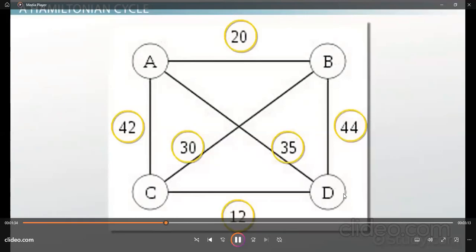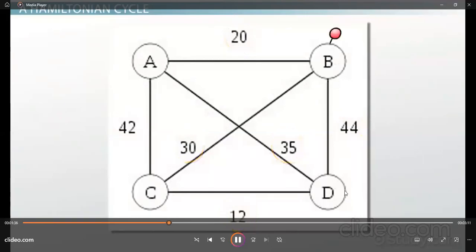For that, you can consider D as the starting vertex. If you compare 12 and 14, which one has the minimum cost? 12. So we can travel to C.